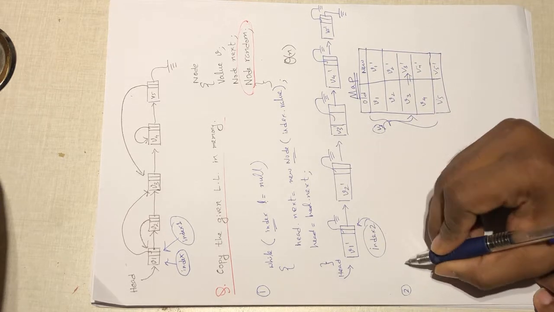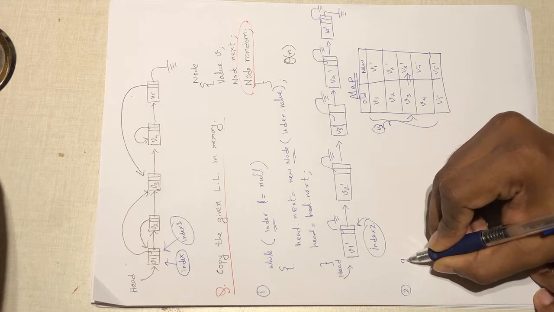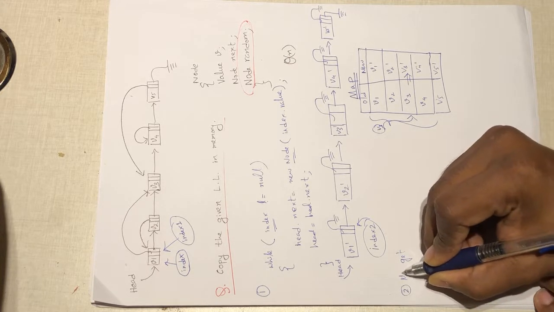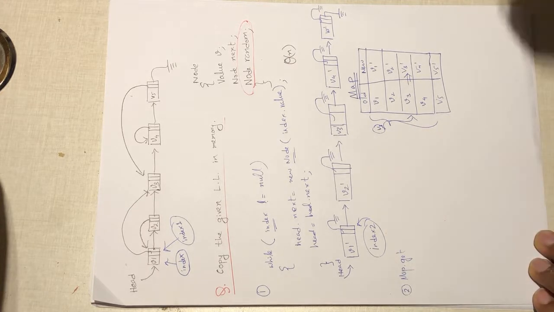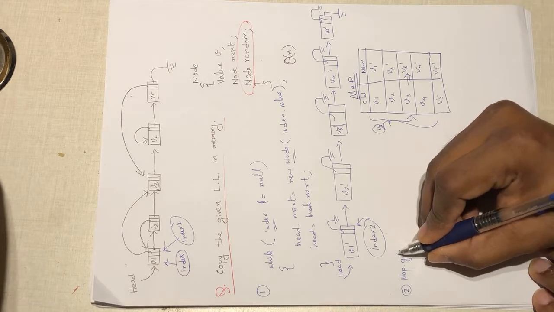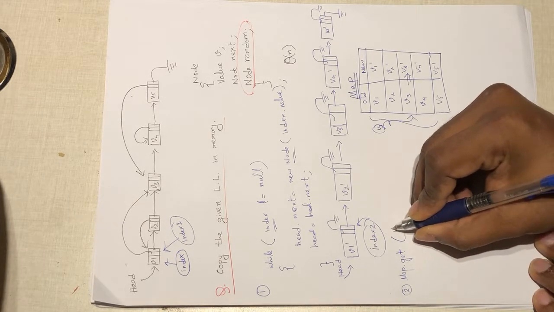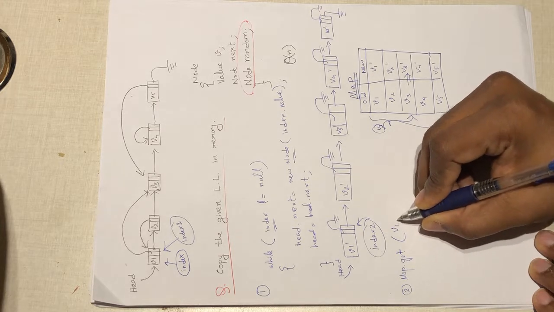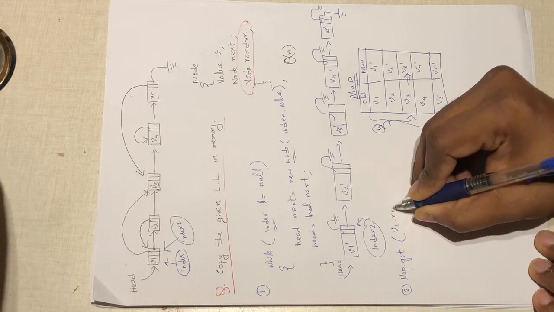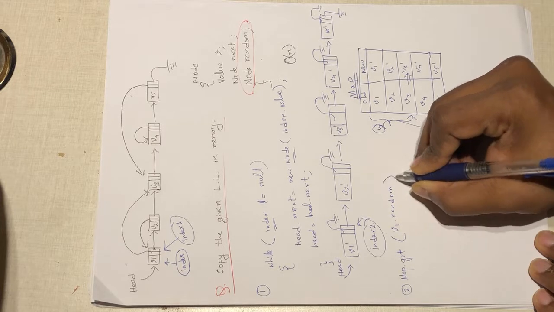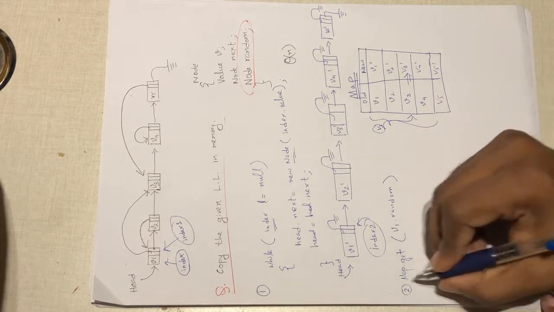So what do we do? We'll say map.get. Remember, it is pseudocode, so we are not writing the actual code now. Map.get v1 dot random, right?